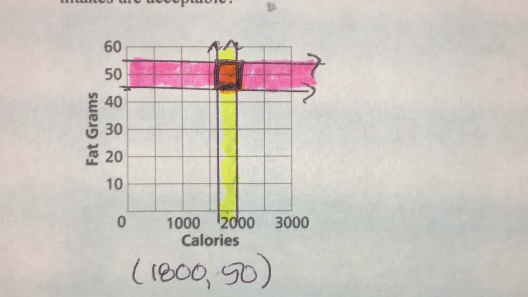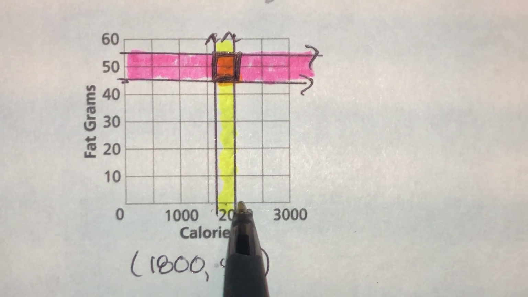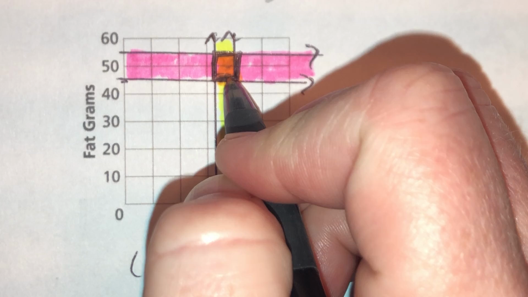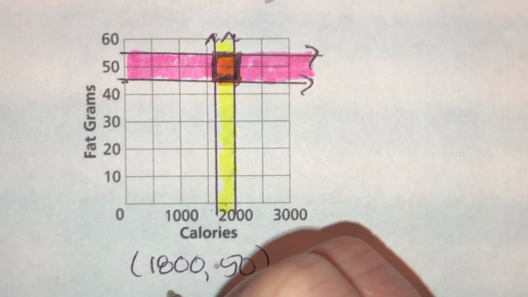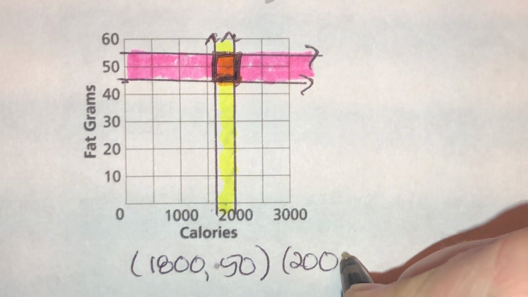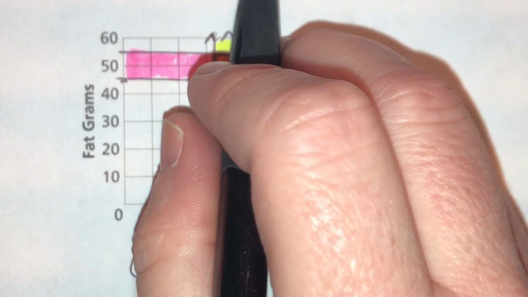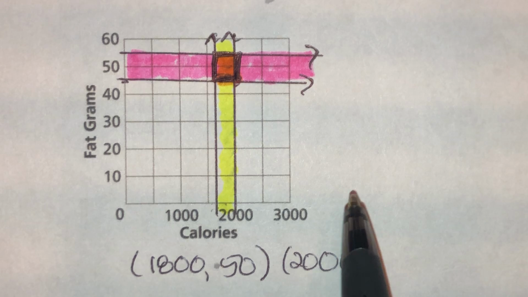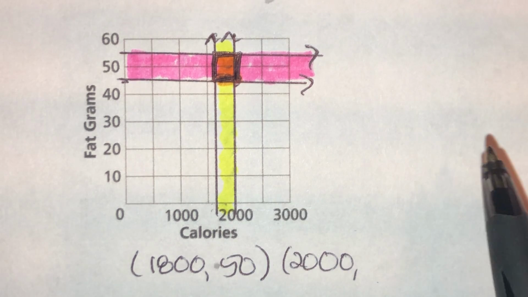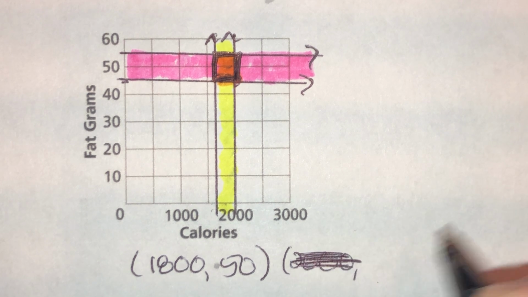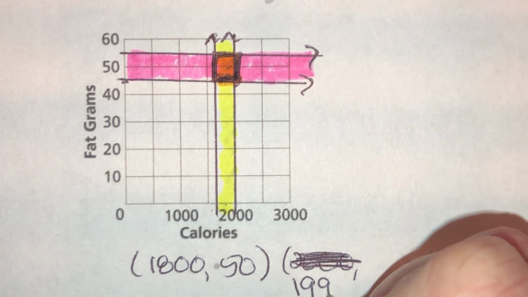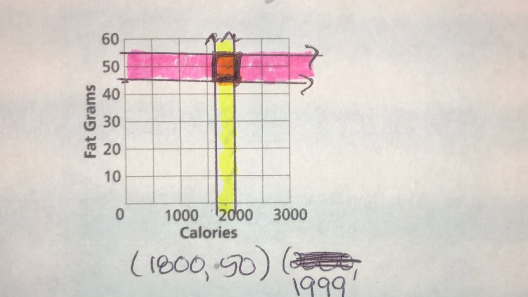What's another ordered pair he could use? We could do 2,000 and 45, right here on the bottom corner. He could have 2,000 calories because it says between 1,600 and 2,000, and he has to have between 45 and 55 grams of fat. We could even say, since it's between, 1,999 calories, right?